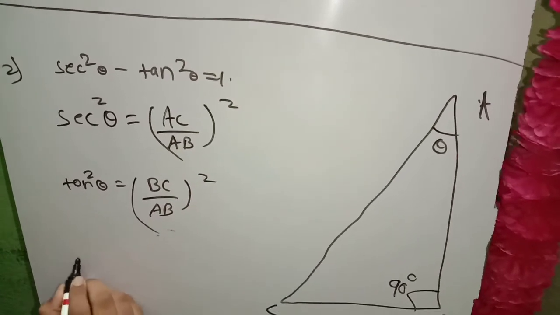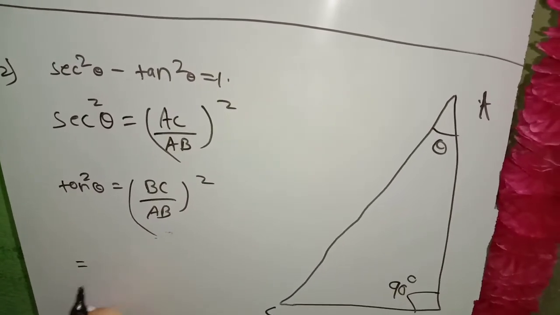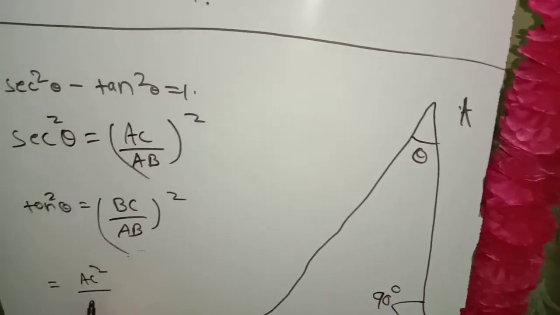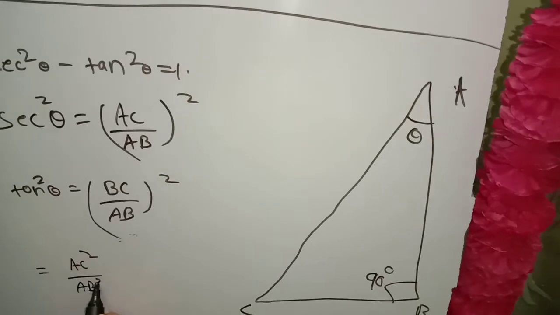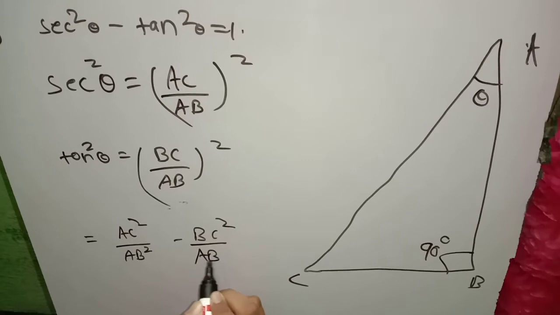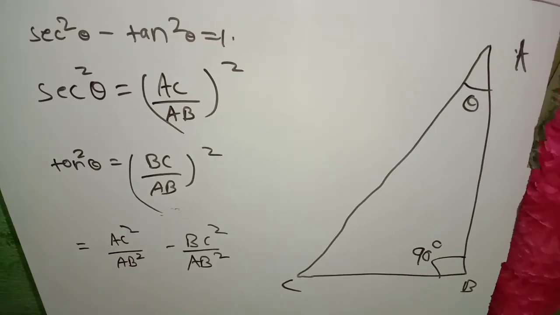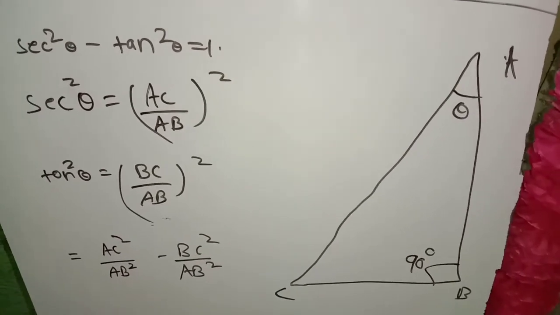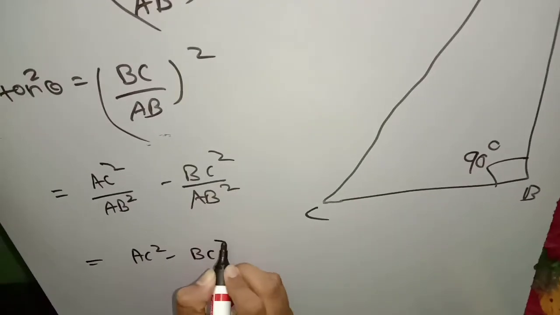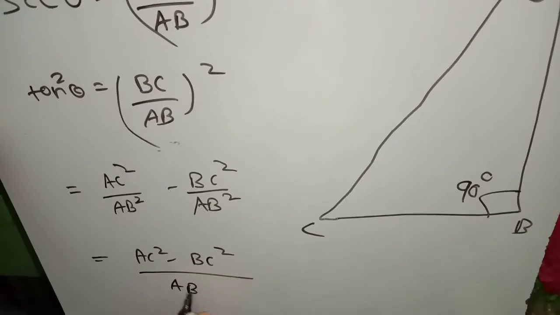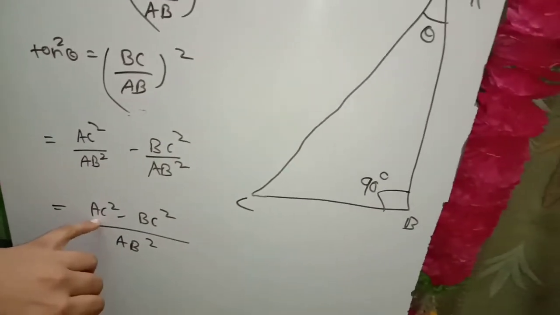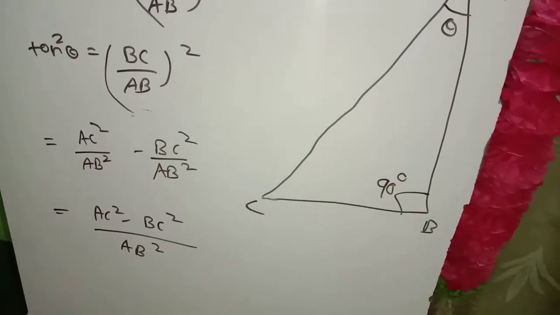Then secant square theta minus tan square theta becomes AC square by AB square minus BC square by AB square. So basically it becomes AC square minus BC square whole by AB square. Here AC is the hypotenuse and BC is one of the sides.